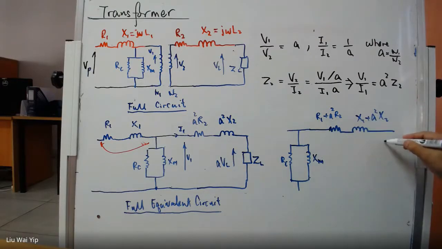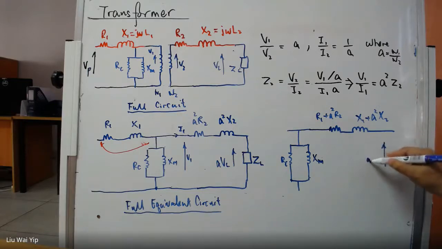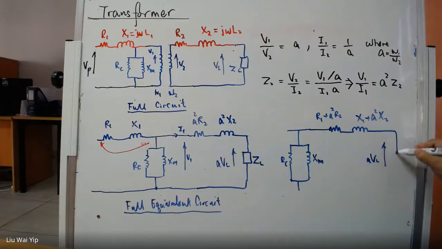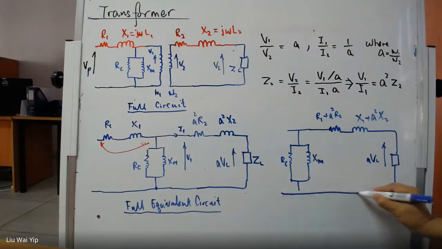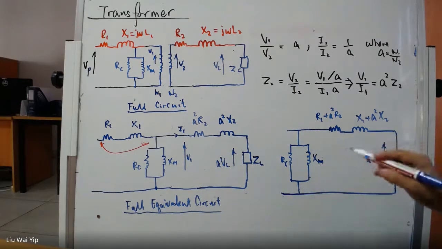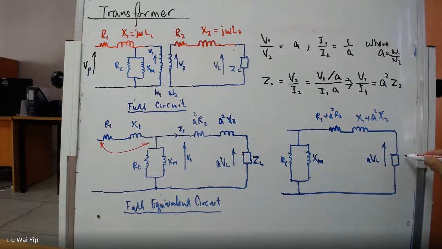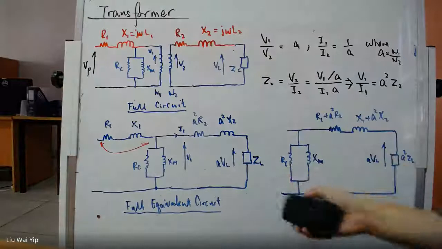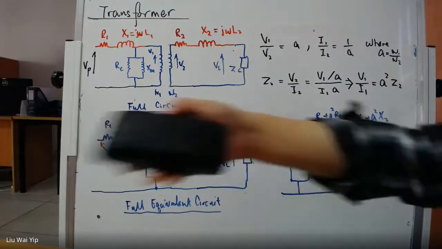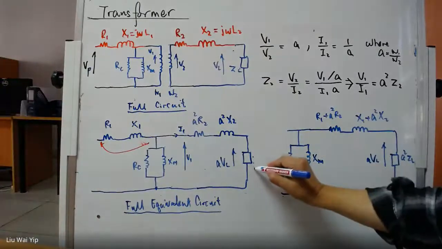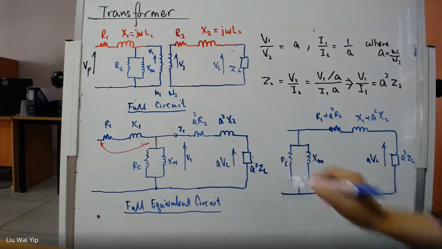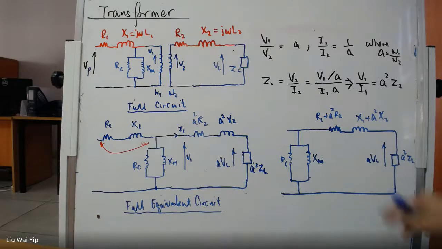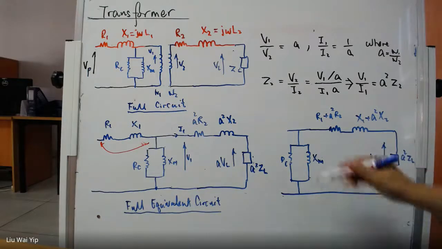And again, the voltage here is not going to change. A squared Z2. By the way, I made a mistake here. It shouldn't be ZL, it should be A squared ZL, okay? So we end up with a much simpler circuit.